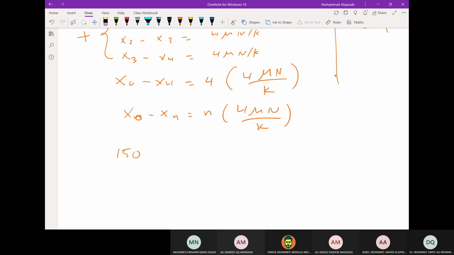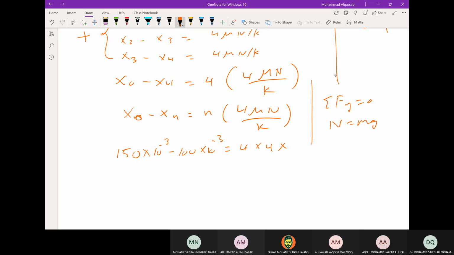150 times 10 to the power minus 3 minus x n, which is x4, is 100 times 10 to the power minus 3 equal to 4 times 4 times mu, which is unknown, times N. N here, we have to use sum of Fy equal to 0 and that N equal to mg.